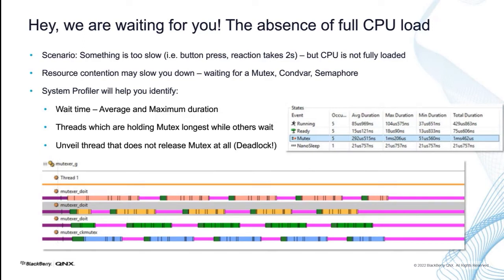So often behind this is resource contention. It means that multiple threads want to access a certain resource at the same time. Often this resource is guarded using a semaphore or a mutex. If you see such purple bands like here in the screenshot, your threads are waiting for a mutex.